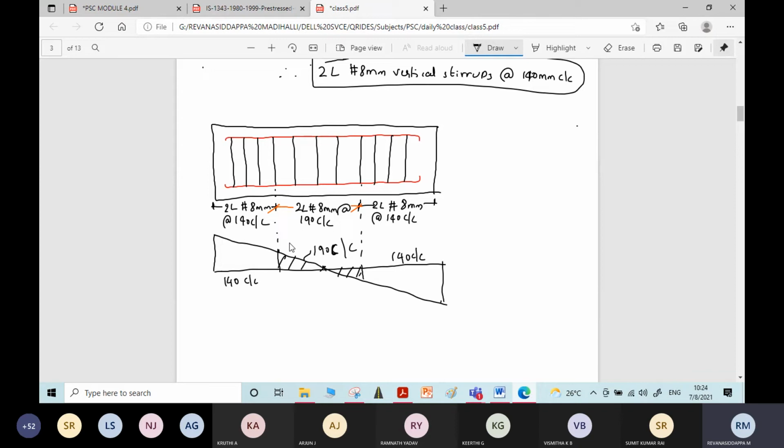Okay. Here the shear force will be equal to 150 kilonewton, ultimate shear force. Gradually it will reduce to 0 at the midspan. That is why we will slightly increase the spacing. Okay. You can write the cross section.